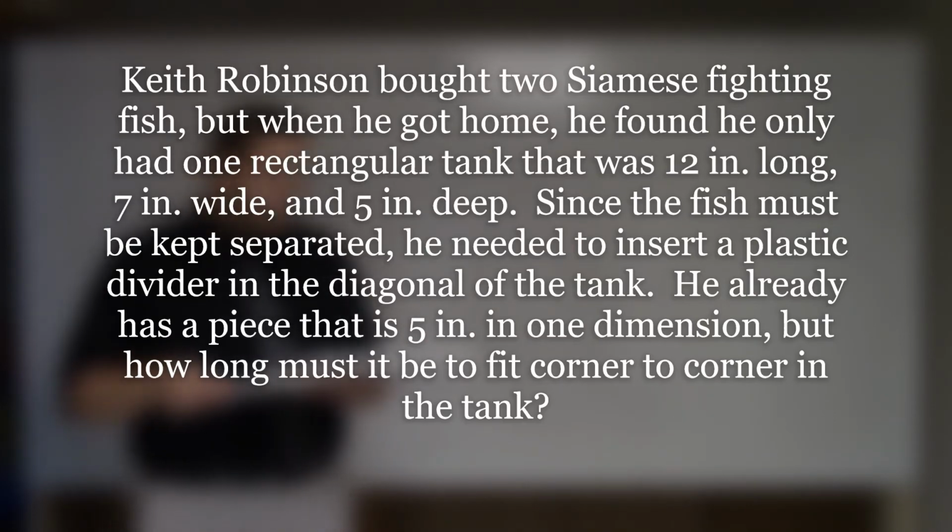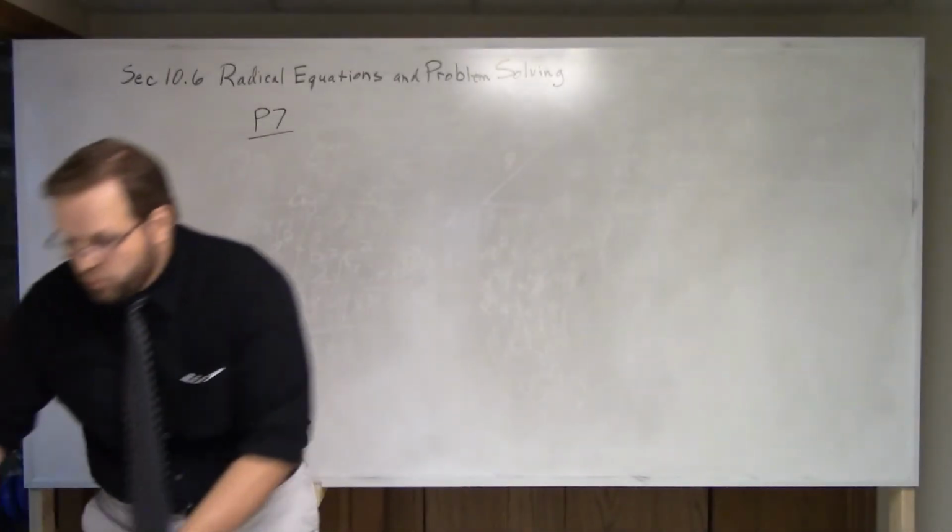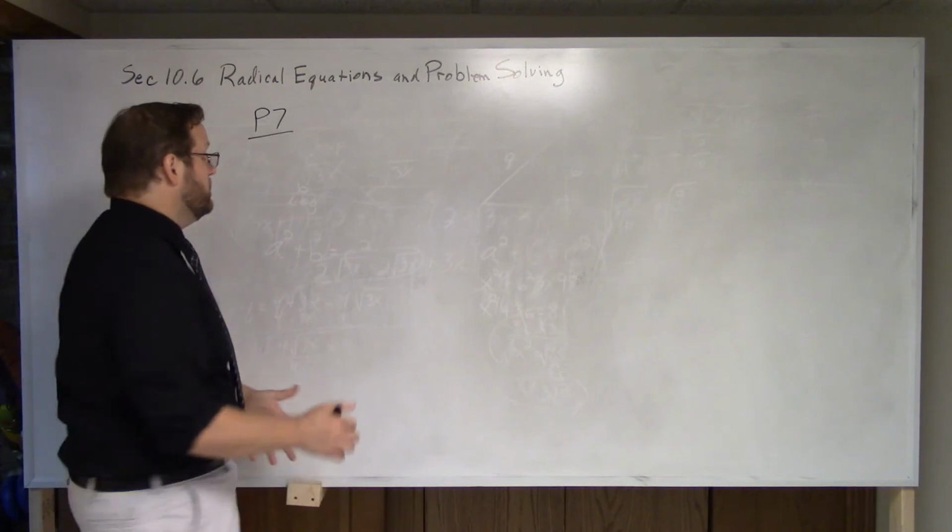Since the fish must be kept separated, he needed to insert a plastic divider in the diagonal of the tank. He already has one piece that is 5 inches in one dimension, but how long must it be to fit corner to corner in the tank? So what he has is a single rectangular tank.